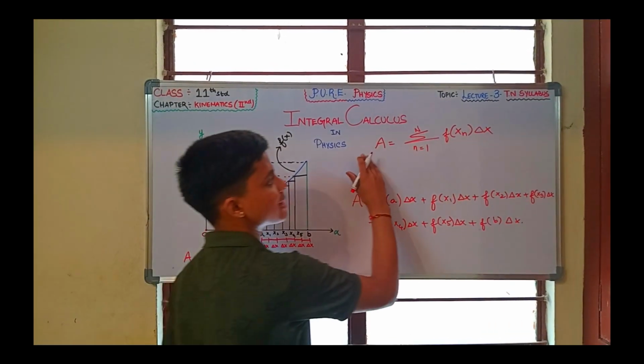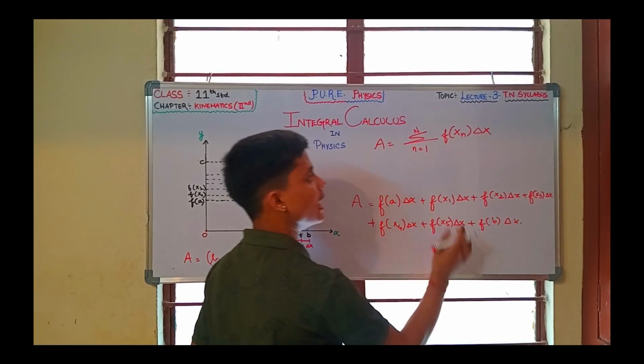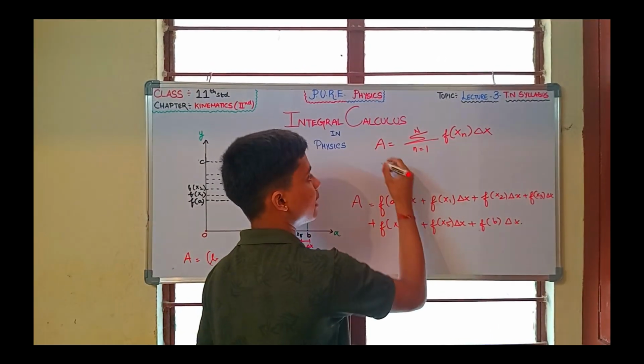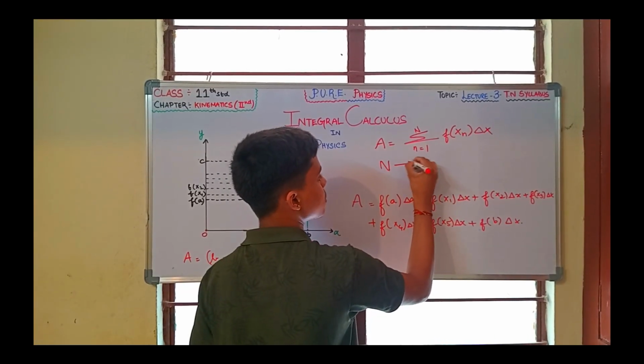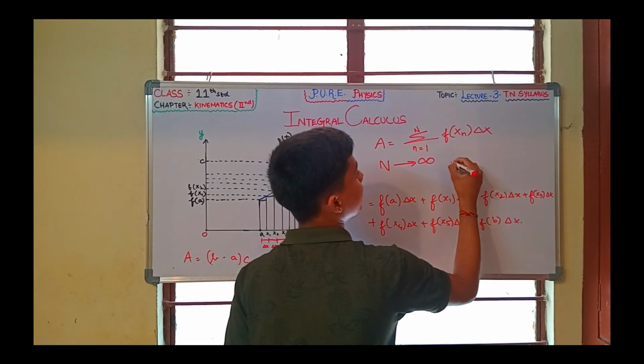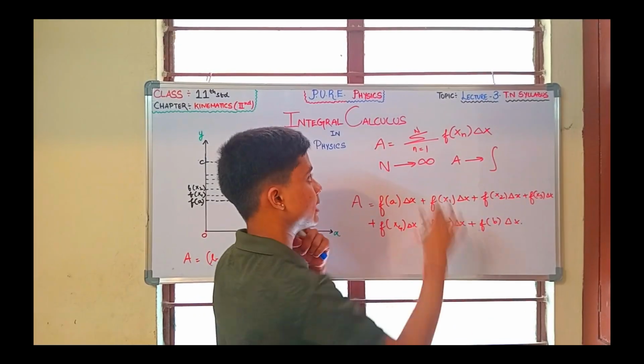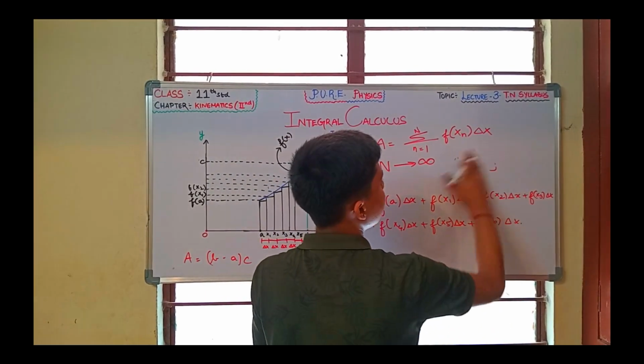So this is my general expression for adding if we know the number of strips taken. But if the number of strips taken tends to infinity, then the area tends to the integral. Then the summation will vanish and we need to take integration.